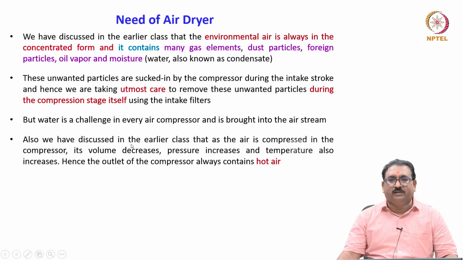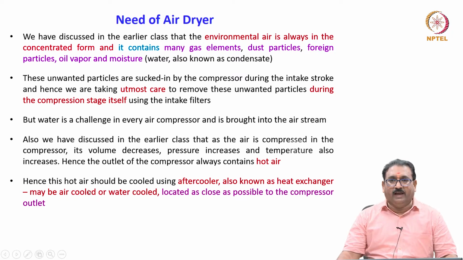Also we have discussed in the earlier class that the air is compressed in the compressor. What happens? Its volume decreases, pressure increases and temperature also increases. Hence, the outlet of the compressor always contains hot air. Hence, this hot air should be cooled using an aftercooler.